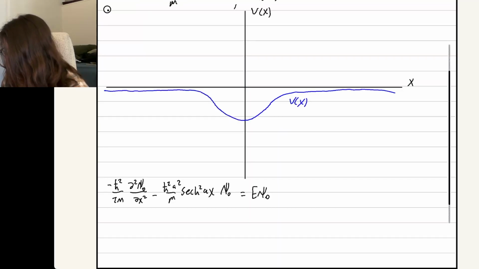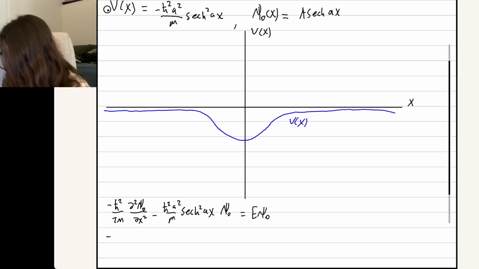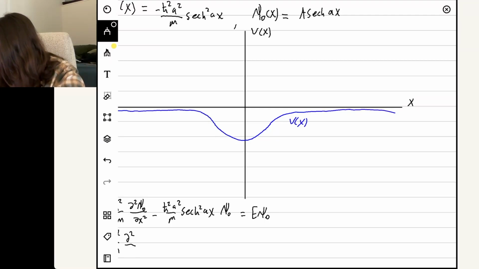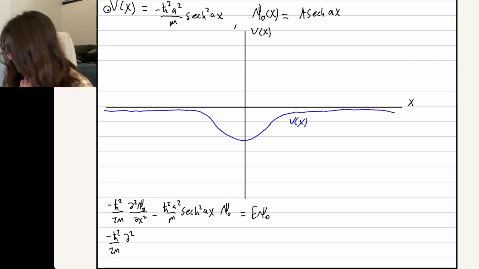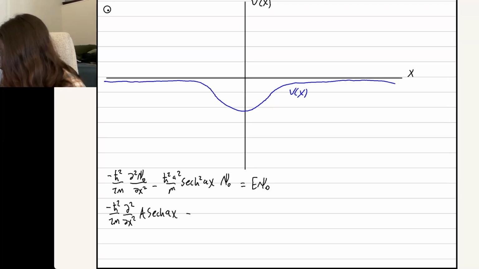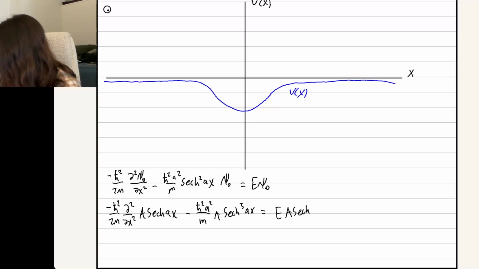So I'm going to write both sides of the equation because it'll help to cancel stuff out as we go. So this is going to be A sech ax minus h bar squared a squared over m A sech cubed ax equals E A sech ax.